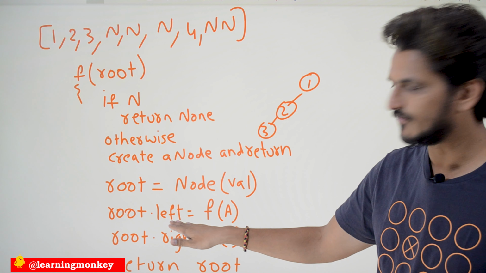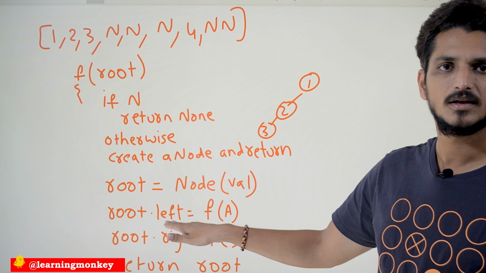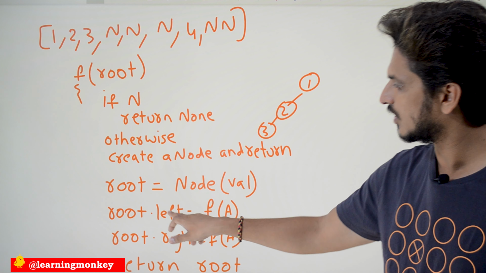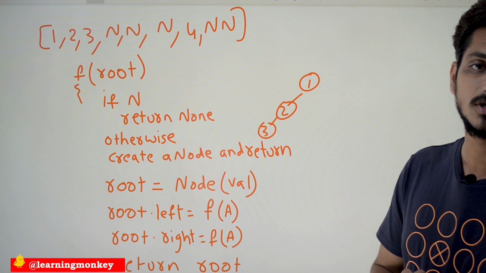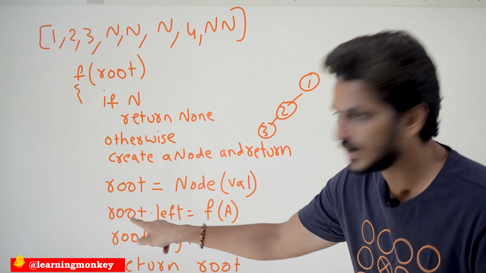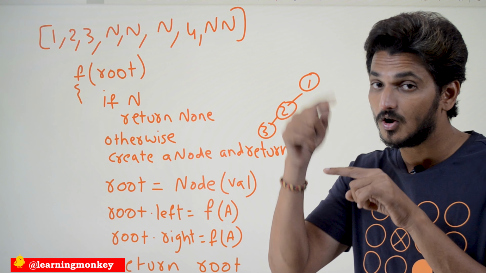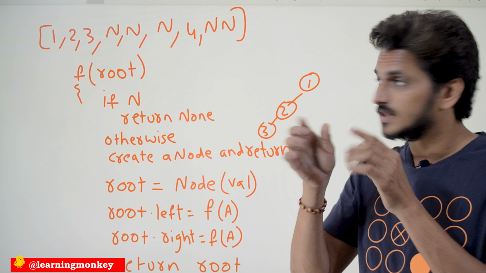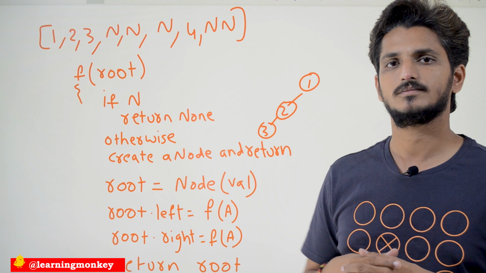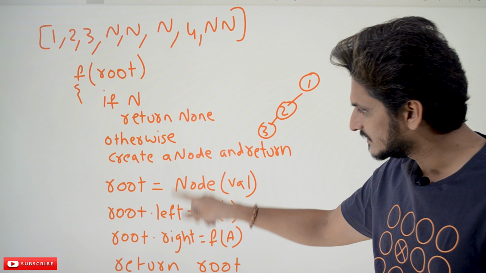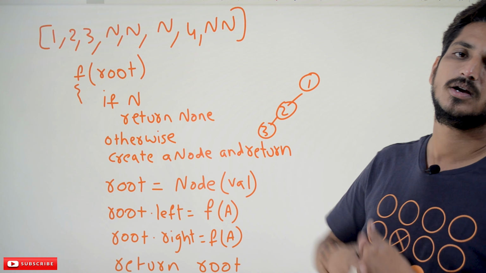Now calling the left side. Root dot left is equal to, again call the function. The next element in the preorder traversal will be exactly the left of 1.